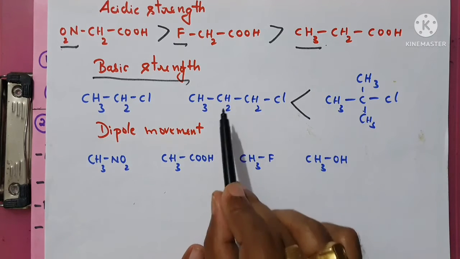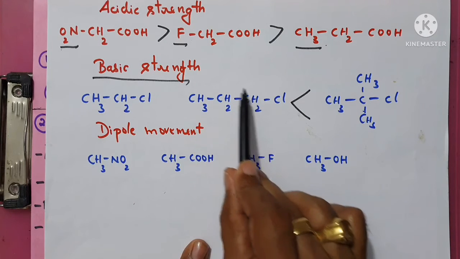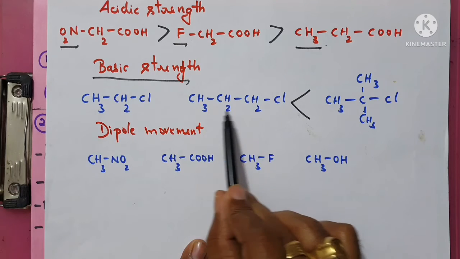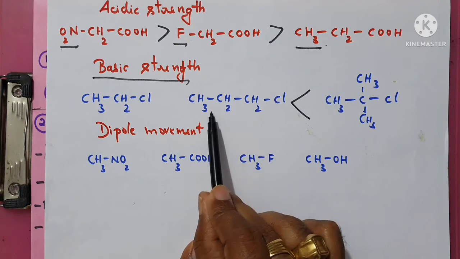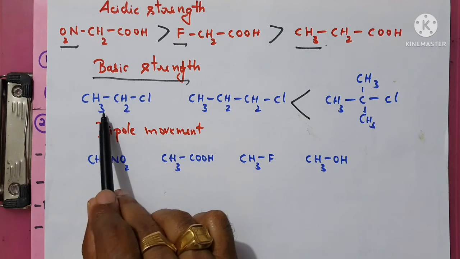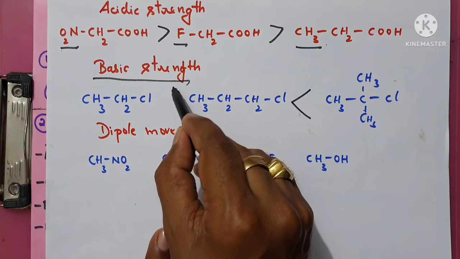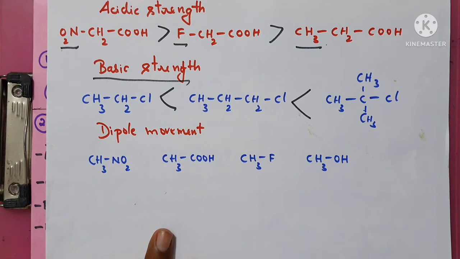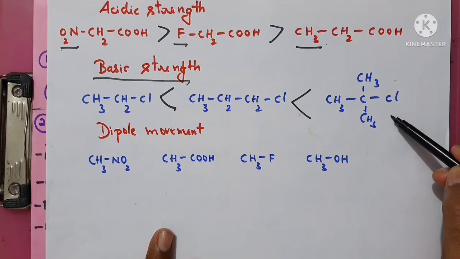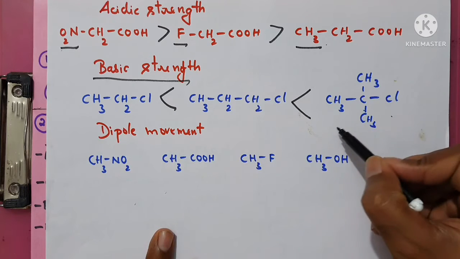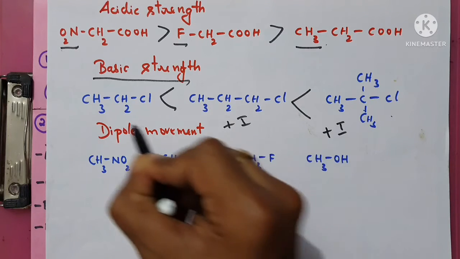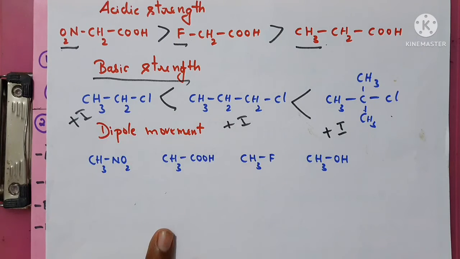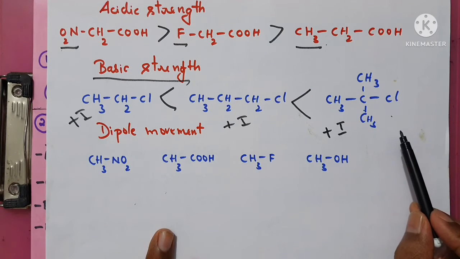Then you can observe here, this is the one which has CH3 carbon atoms, three times the carbon atoms. Therefore, this will show more plus I effect compared to the next one. So this will be your order for finding the basic strength. This has more basic strength because of more plus I effect. Then comes this one, and then comes this one. So I hope you have understood how to find the basic strength.